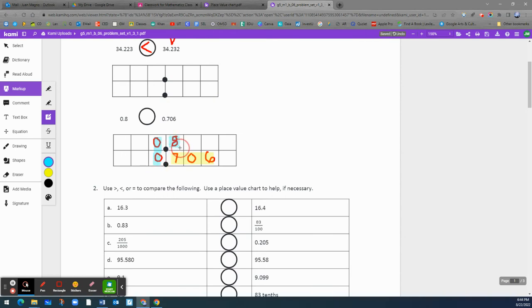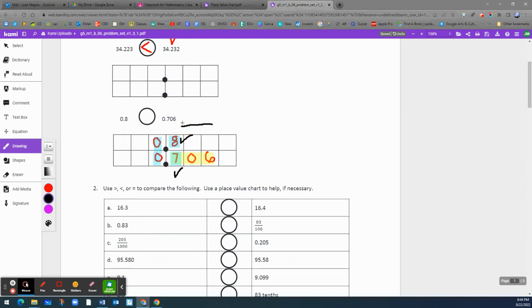We have 8/10 and 7/10 on the lower number. So now clearly, you can see that this number above, which is 8/10, is greater than 7/10. And remember, let me just review again. The more the numbers move to the left, the greater the value will be.